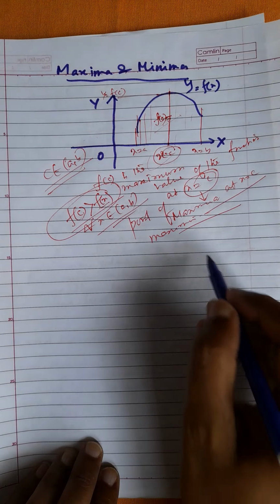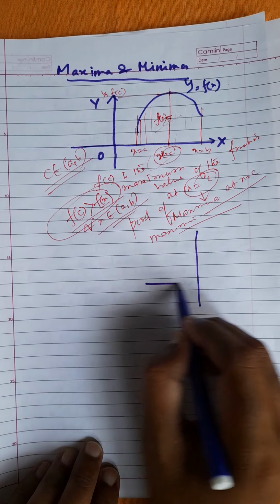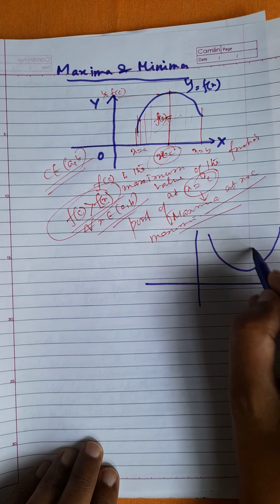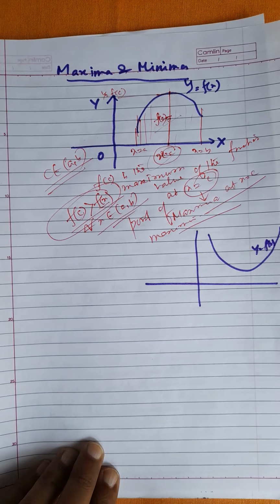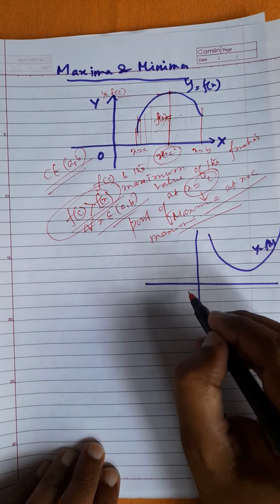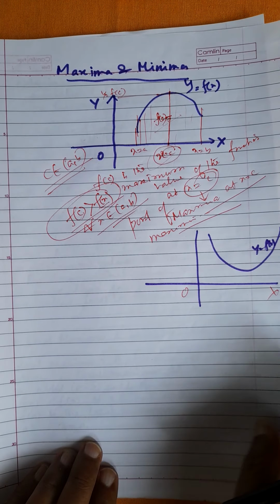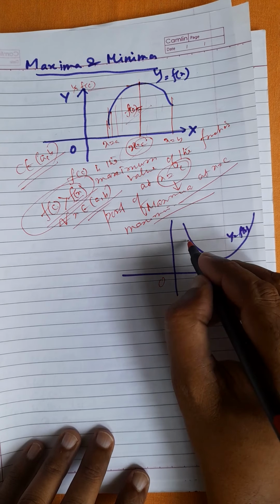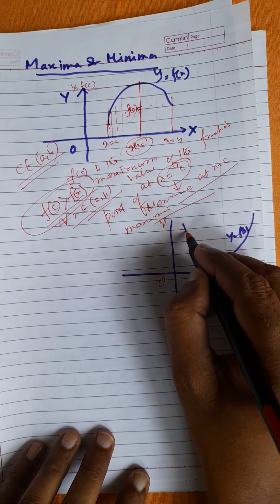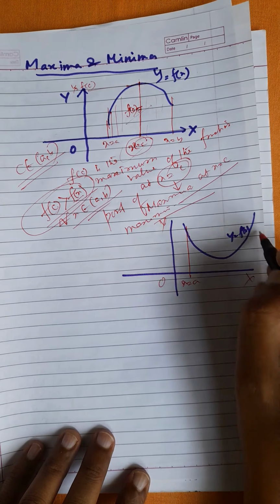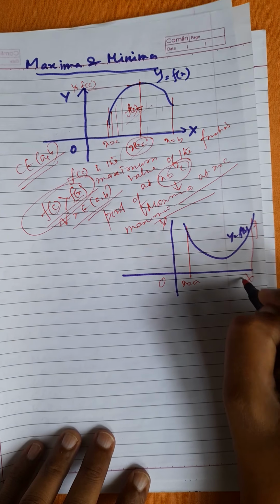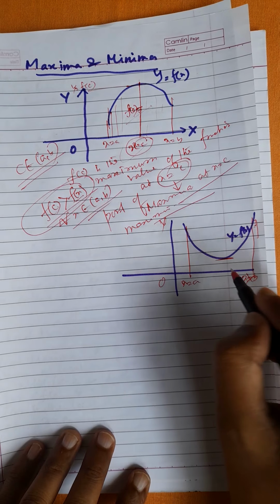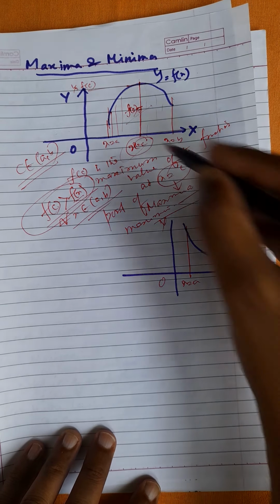Similar cases, if we see this one, the function y is equal to f(x). Now see, in this open interval, this is x is equal to a, this is x is equal to b. This point is the minimum, the extreme value.